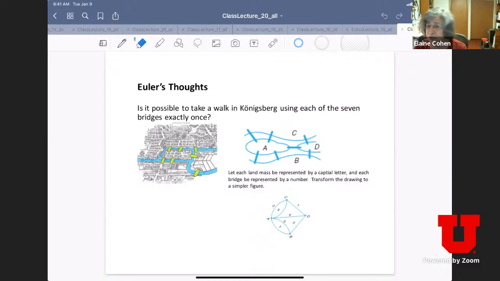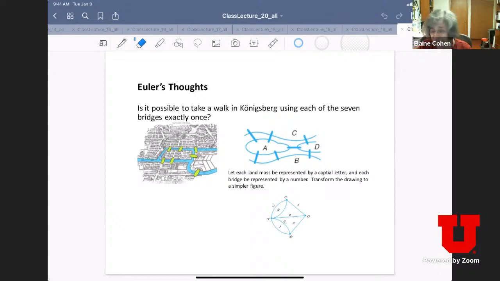That's the question, okay? And that led to a bunch of mathematics, which today we call Eulerian graphs and Eulerian graph theorems, okay? So the first thing you want to do is take this problem and look at it, and let's make a line diagram.